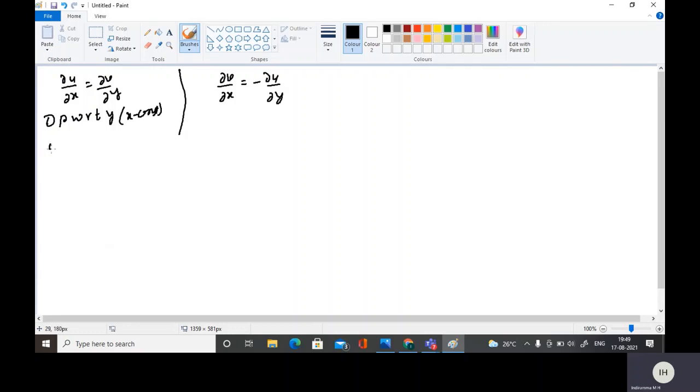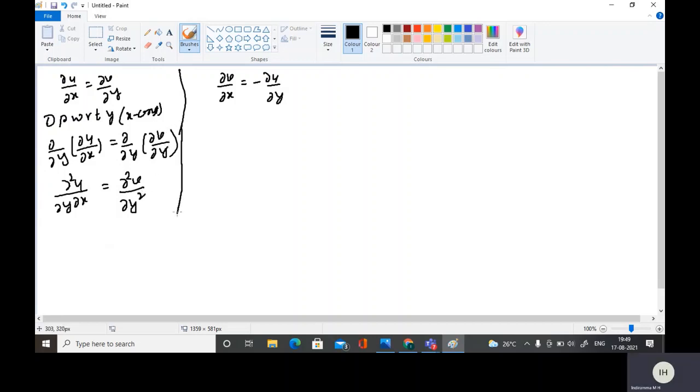So ∂/∂y of ∂u/∂x is equal to ∂/∂y of ∂v/∂y. So it becomes ∂²u/∂y∂x is equal to ∂²v/∂y².